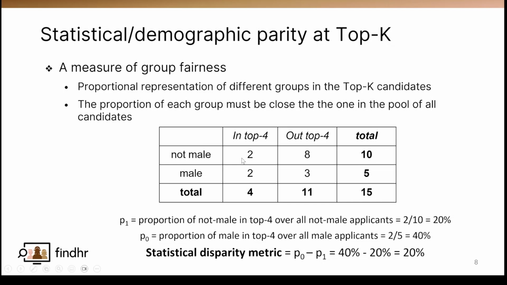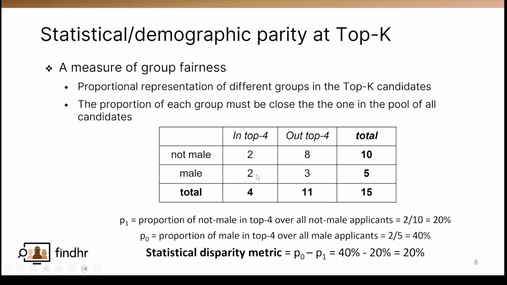So it's okay that we have 2 not male, but in the overall pool of applicants to the position, we had 10 not male, and so the percentage of not male admitted is 2 out of 10, 20%.